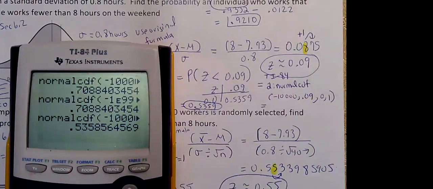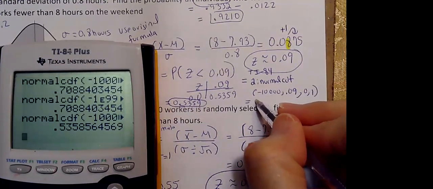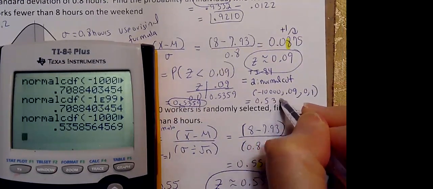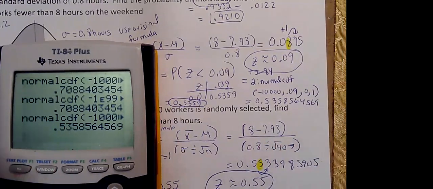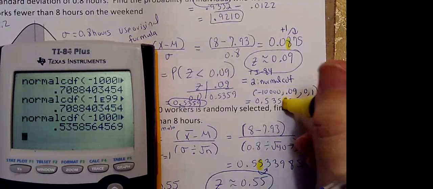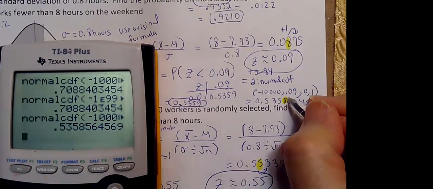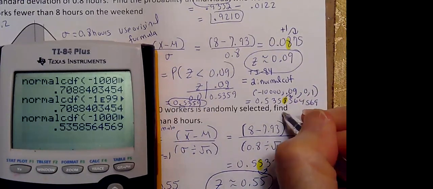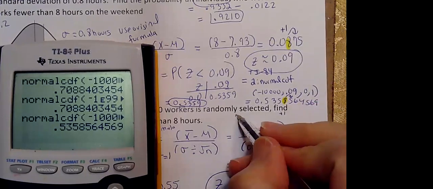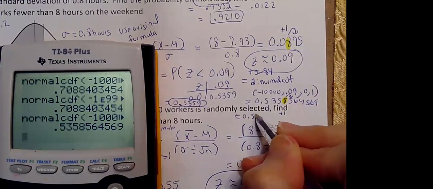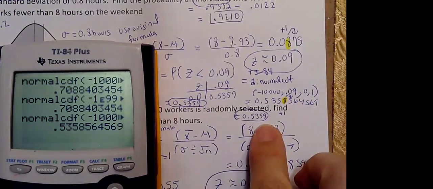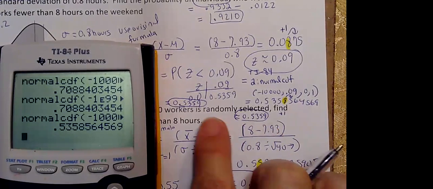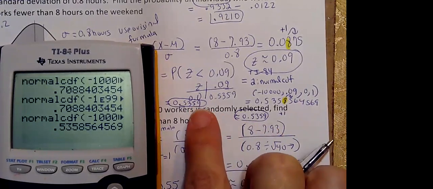See that? We have 0.5358564569. For 4 decimal places, 1, 2, 3, 4, look at the number to the right. Is that 5 or more? Yep, that's an 8, so add 1 to that. There's your 0.5359, and you see that matches this right here. The same.